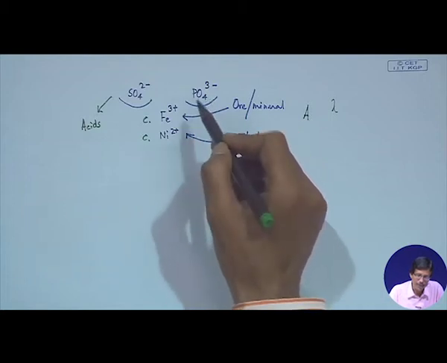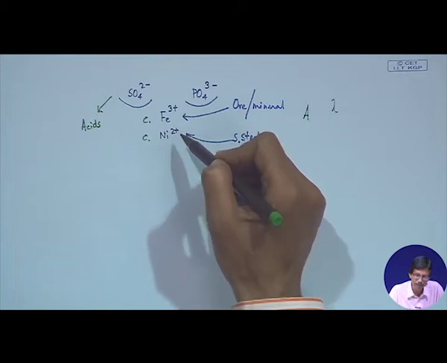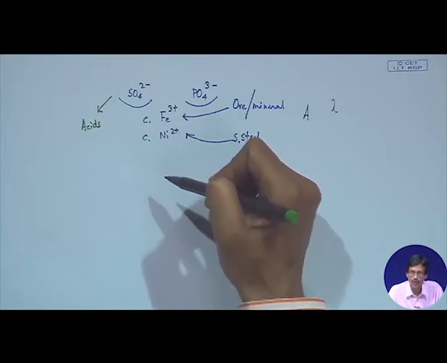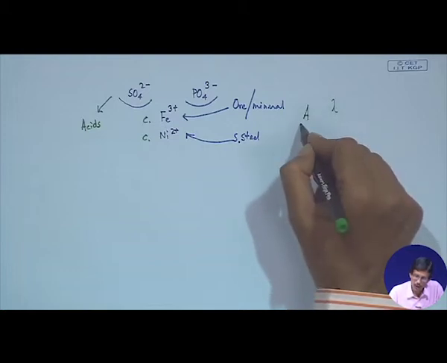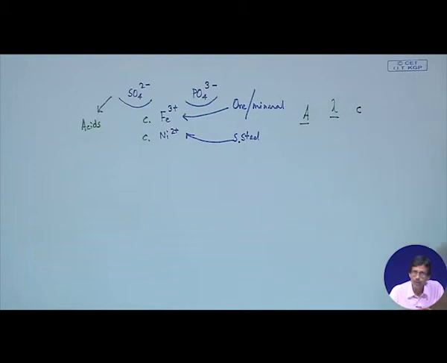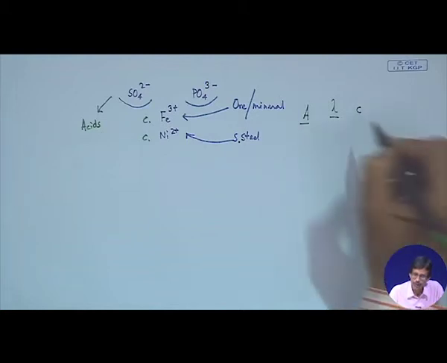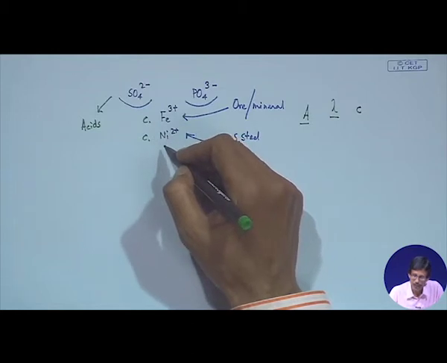This matrix effect, due to the presence of this sulphate and phosphate, can be avoided by a technique known as the standard addition technique, because this absorbance value at a particular lambda is directly proportional to the concentration C of this particular unknown analyte to be determined.